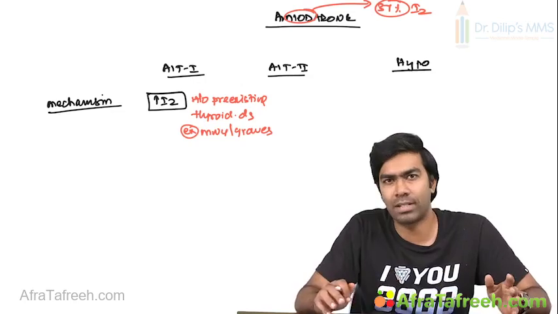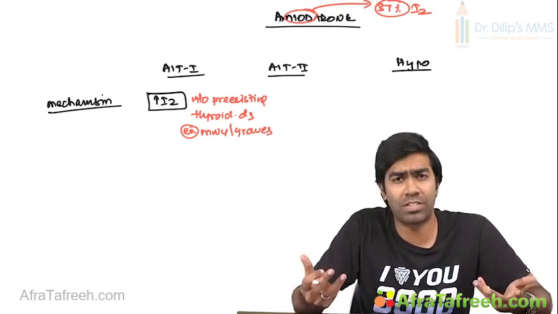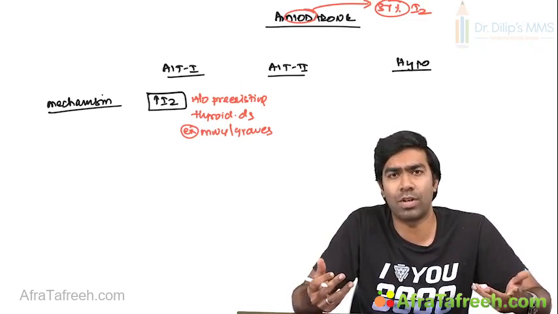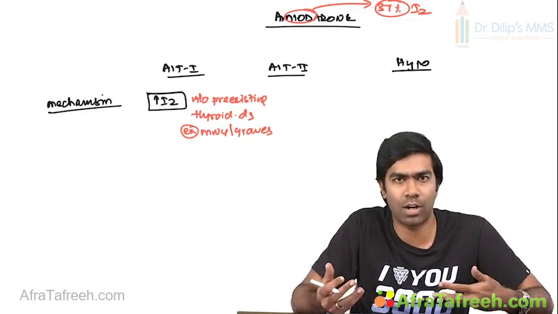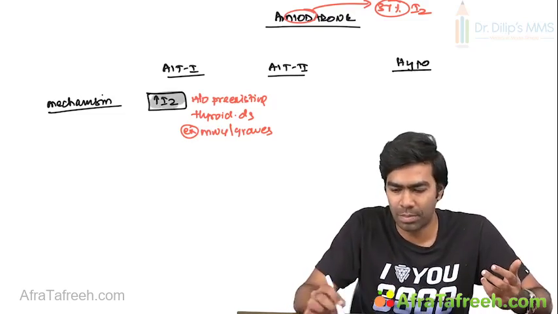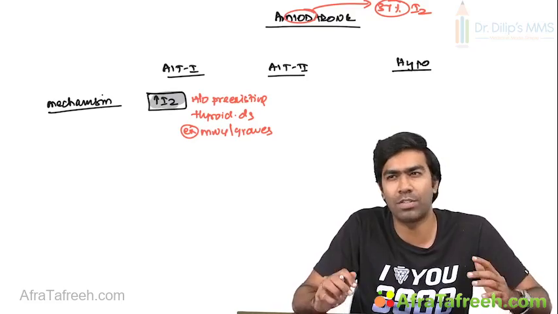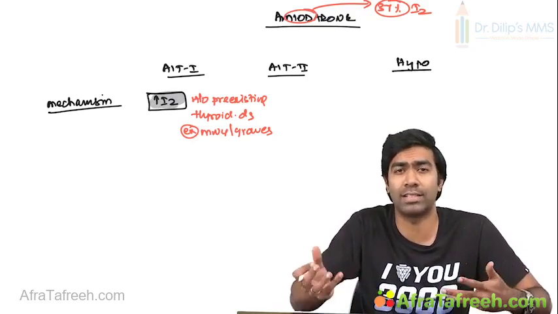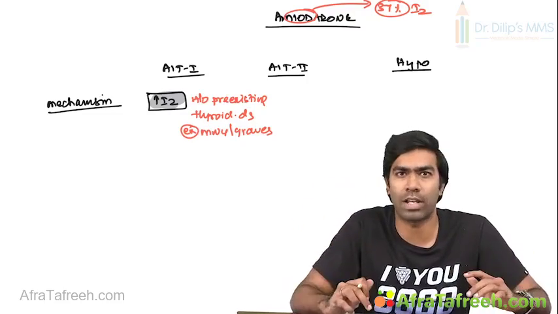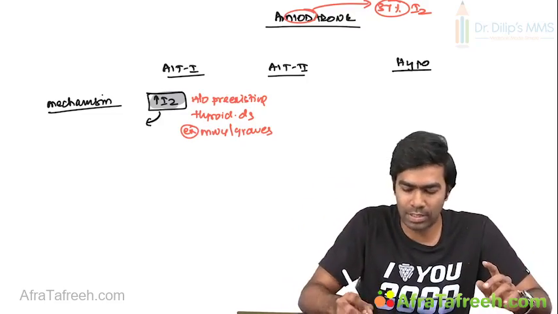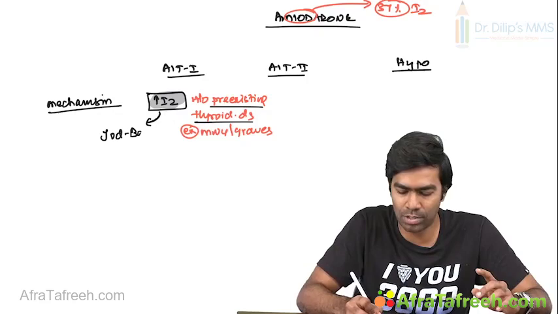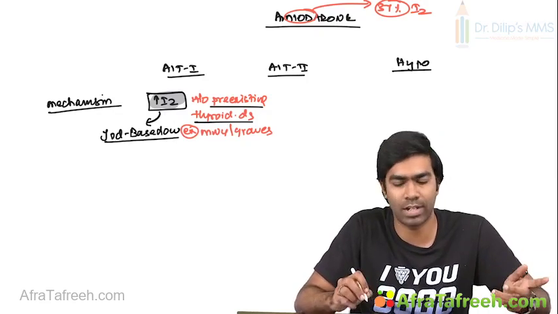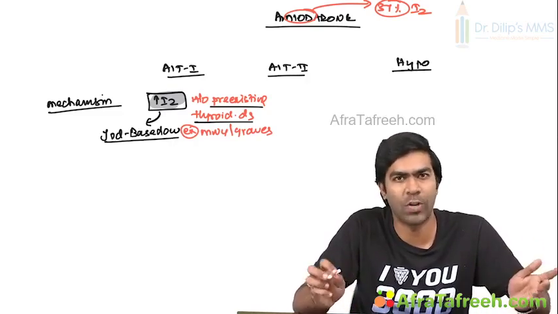I told you this in the first chapter of thyroid, anatomy and physiology: with some pre-existing thyroid disease, excessive iodine might result in defective autoregulation, which means they might not go for a blockade. Instead, this excessive iodine may result in overproduction of thyroid hormones. So in patients with pre-existing thyroid disease, it may produce hyperthyroidism by the Jod-Basedow effect because of defective autoregulation. You have studied it. So that is the mechanism here, defective autoregulation.